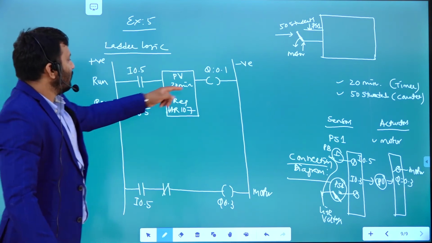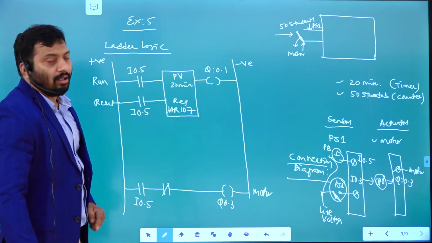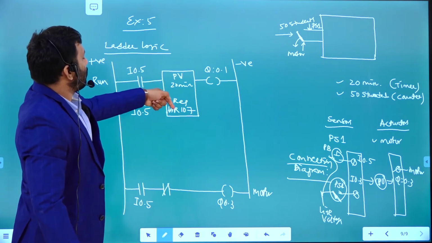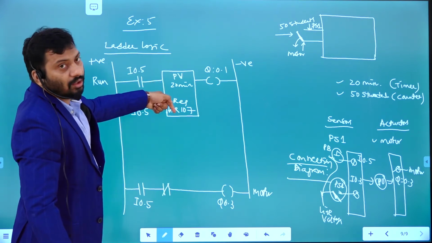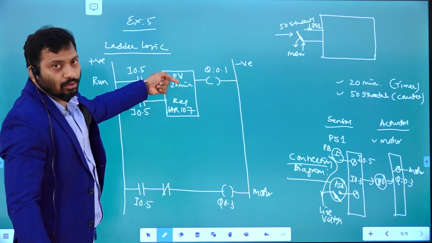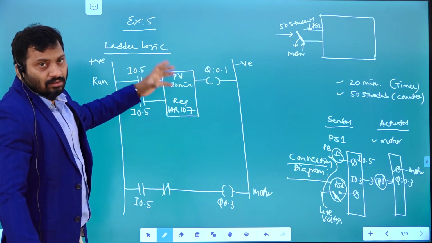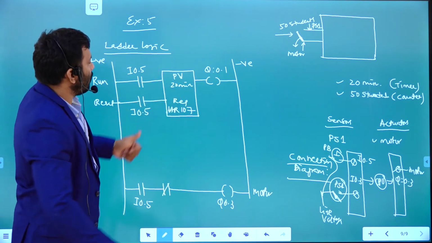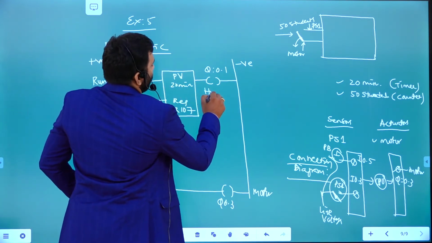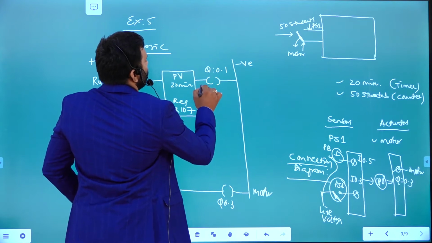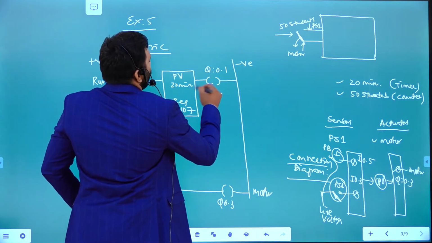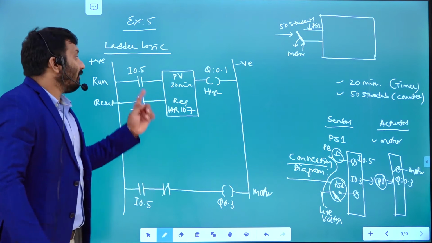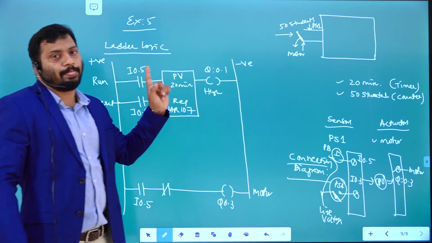So this particular output is going to be high only when the count in the holding register is equal to the preset value, which is the value equivalent to 20 minutes. If both are equal, then only it's going to be high. Up to that time the output is low only. After 20 minutes only it's going to be high.